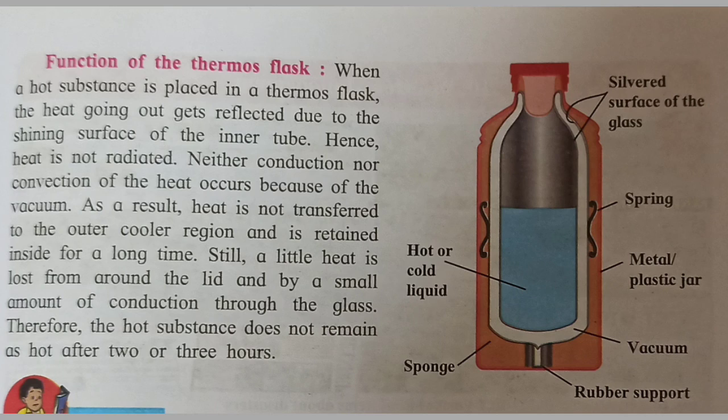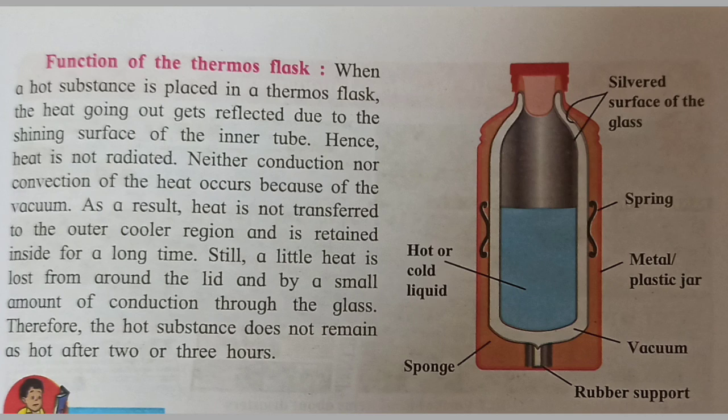There is a protective jar of metal or plastic outside the tube for the protection of the flask. Pieces of foam or rubber are fixed between the outer jar and the flask. You may see this in the picture given. Now let us see the function of the thermoflask.